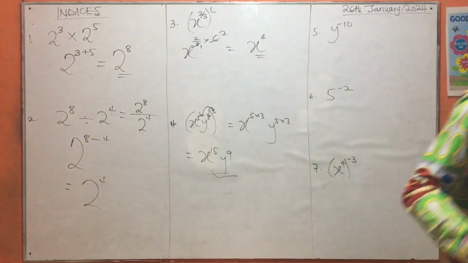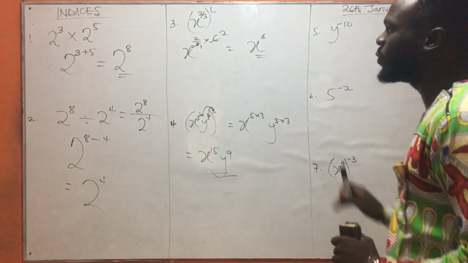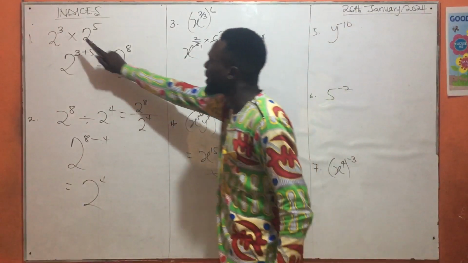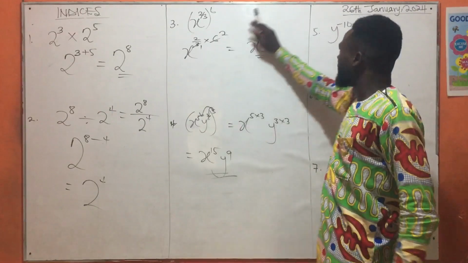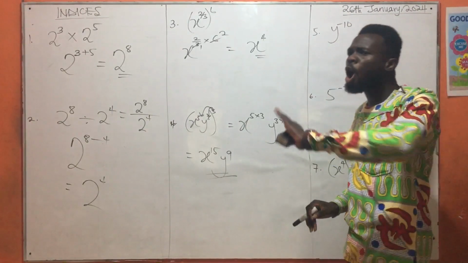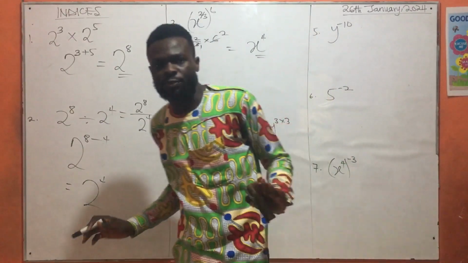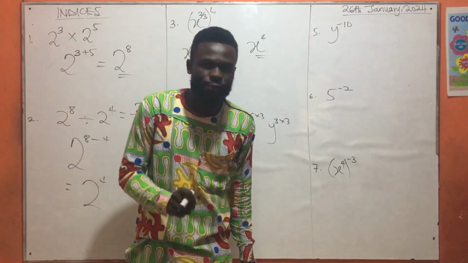So far, we can see clearly that in all the examples that we have done, all the powers happen to be positive. Now, the 5th law makes us understand that not all exponents are positive. Sometimes an exponent can be negative.